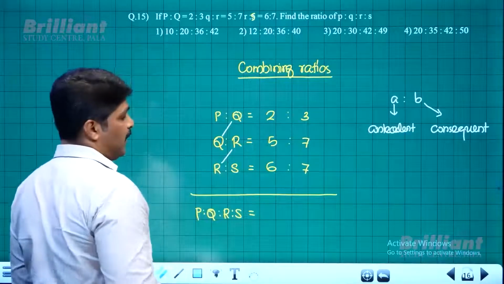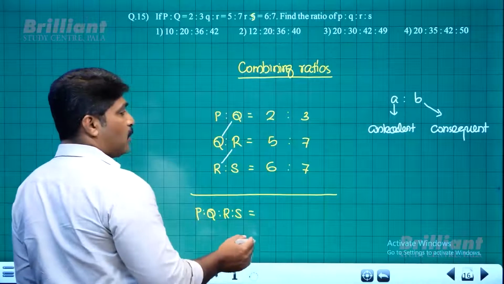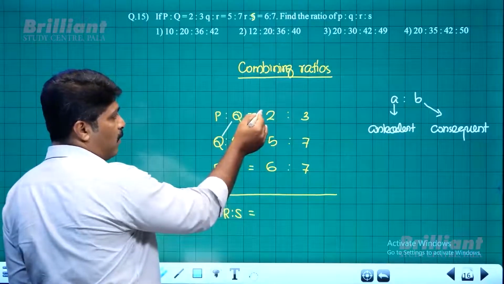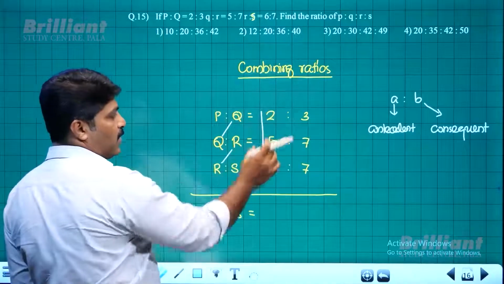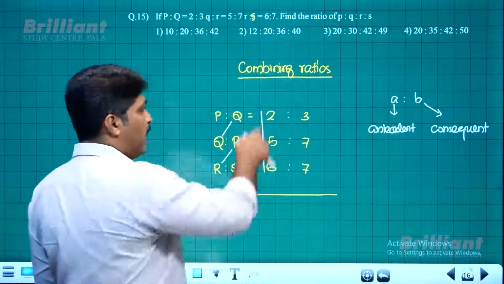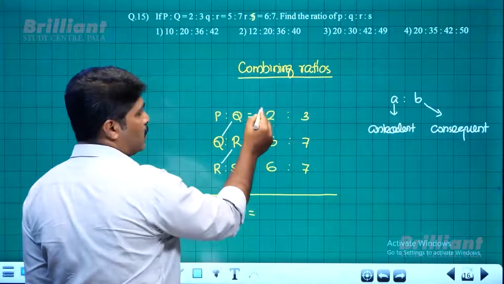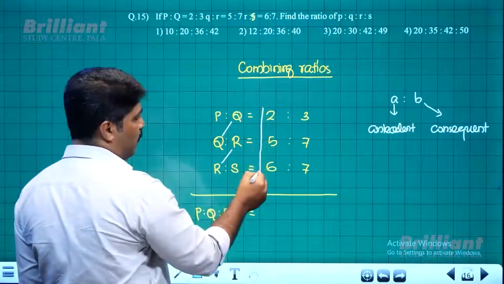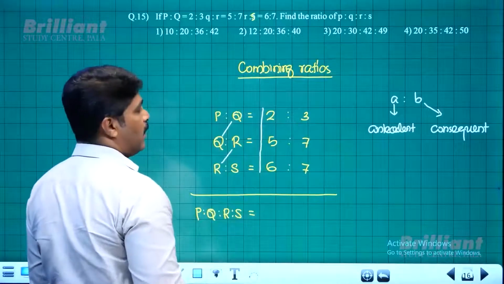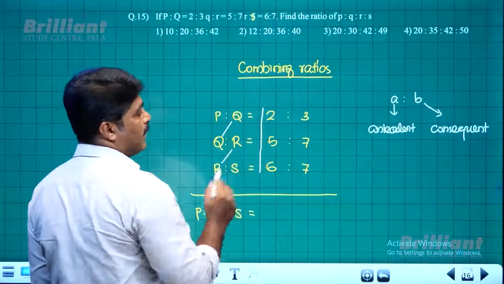And how to combine them? First, multiply all the values from the first column. So here we have two columns, this one column and this second column. So multiply all the values from the first column. Got it? So here 2 into 5 into 6.